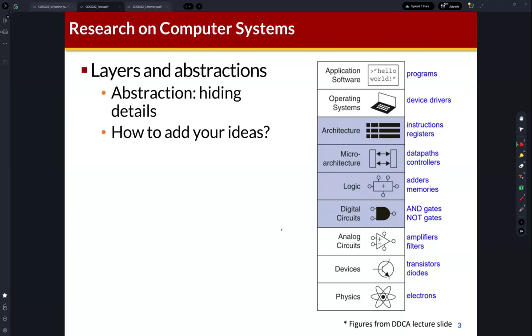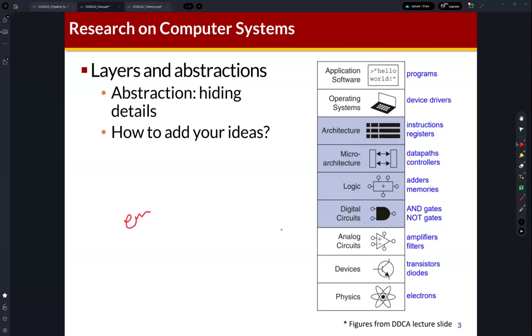We can use simulators, which means we can use software that emulates the behaviors of computer hardware. What does emulate mean?